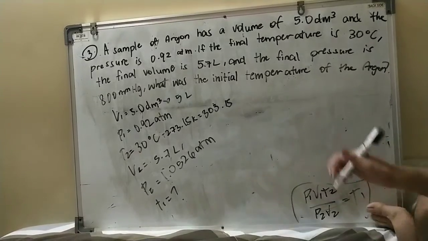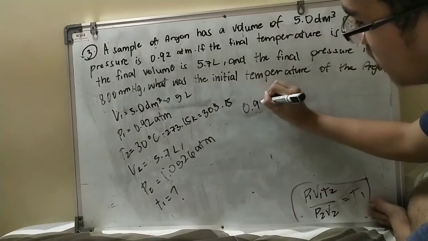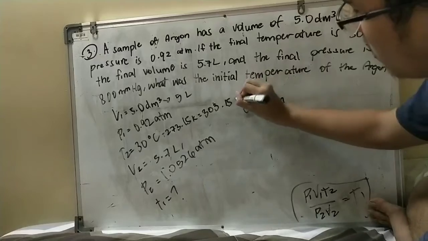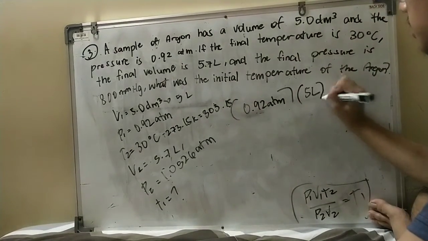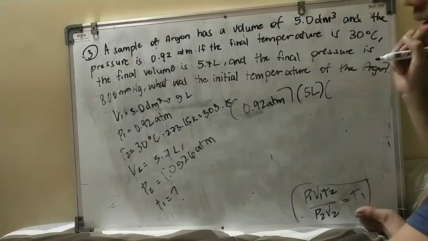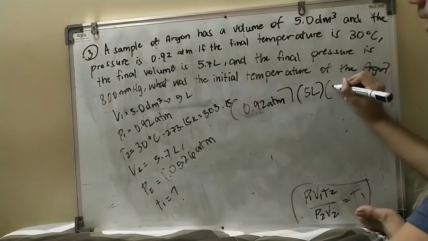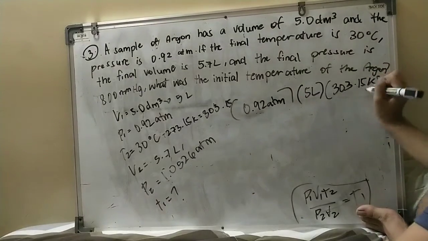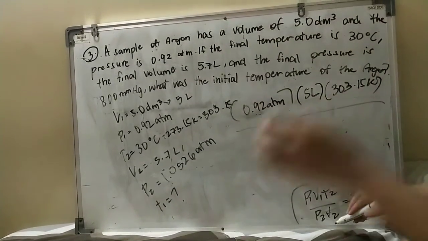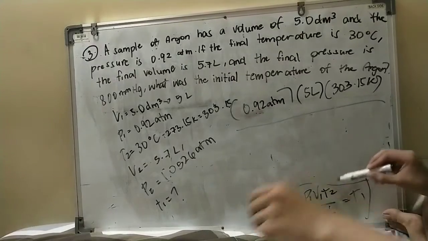So P1 is 0.92 atmosphere. V1 is 5 liters, and T2, final temperature, is 303.15 Kelvin. We then divide this by our denominator.